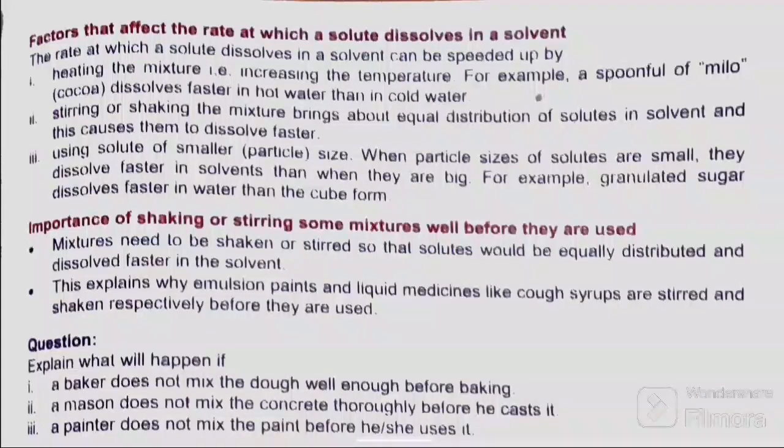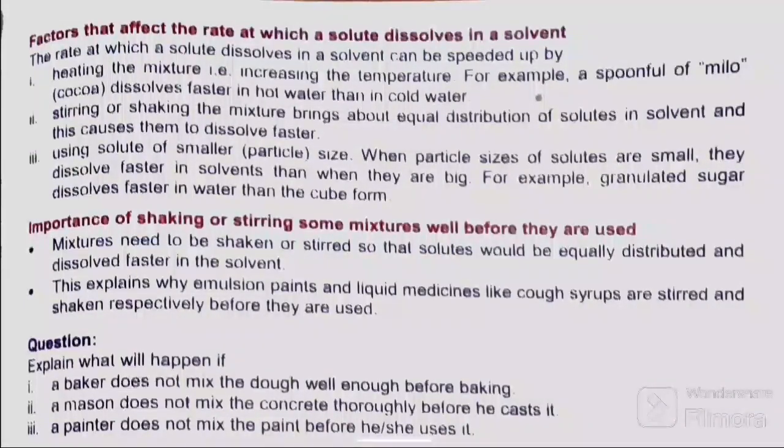Okay, so the third is using solutes of smaller size. It's a real life situation, you know that it will dissolve much faster. So for instance, when I take a pinch of sugar and put it in the water, and I take a cube of sugar and put it in the water, which of them dissolves faster? The pinch of sugar.